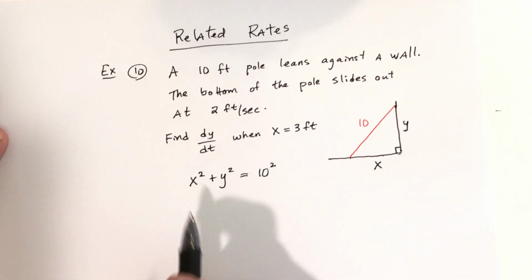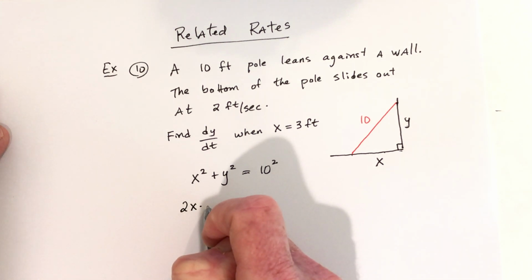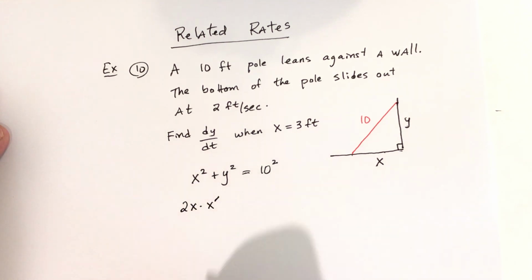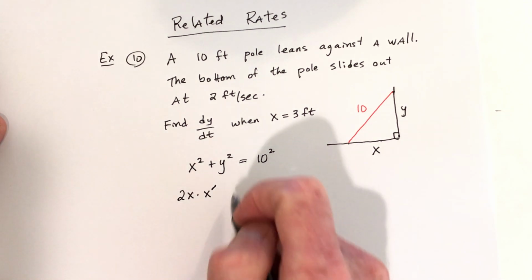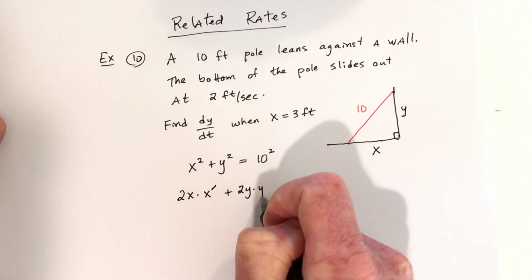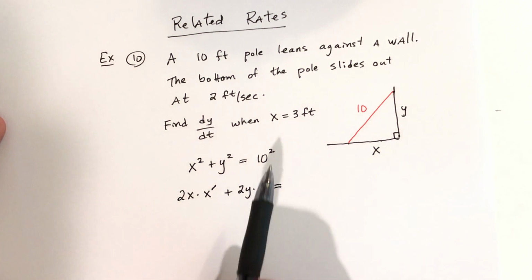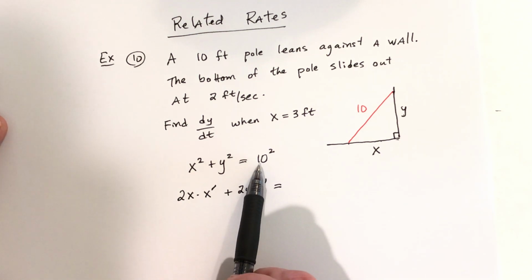So when I take the derivative, it's going to be 2x, and then the derivative of x, which you can either write as dx/dt or the shortcut x prime. And then there would be 2y times y prime. And then this is the number 100, and the derivative of that is 0.